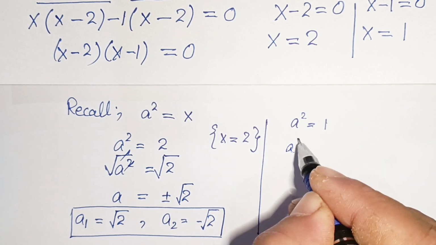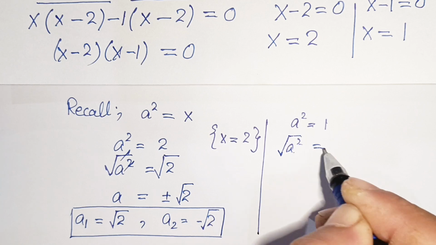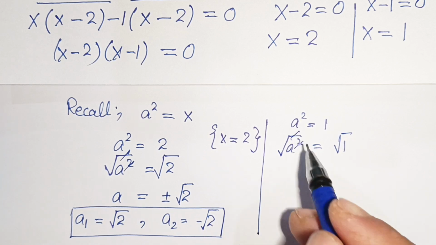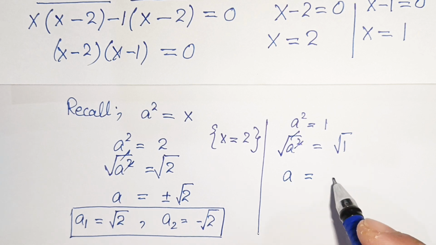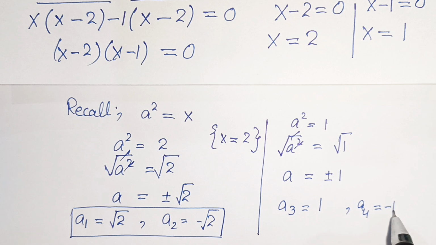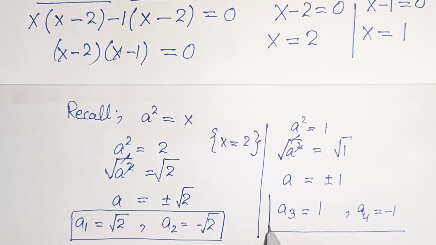Now taking the square root on both sides, this will be cancelled out, then we get the square root of 1, which is plus minus 1. So here the value of a3 is positive 1 and a4 is negative 1. Here we get four values of a.